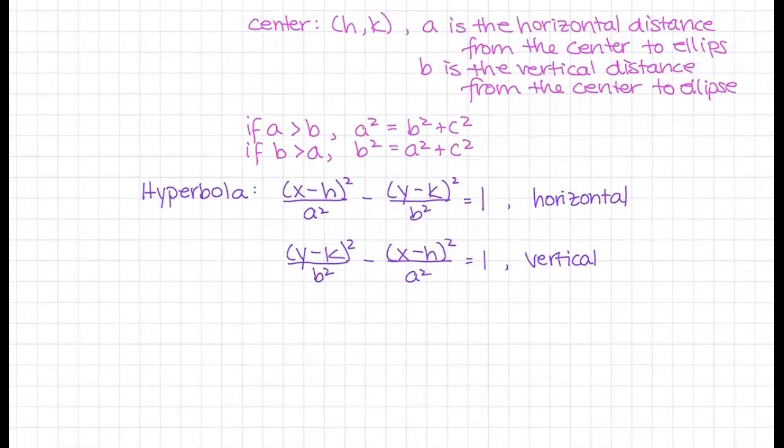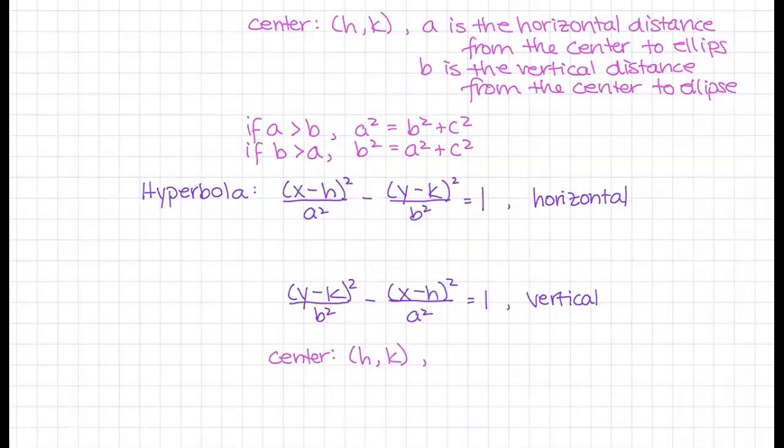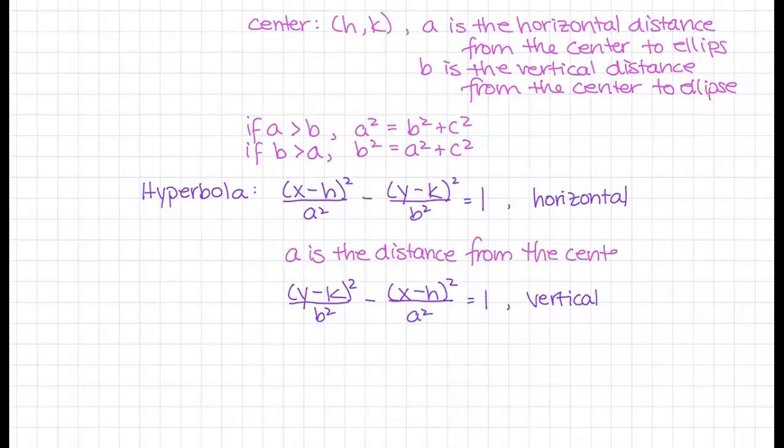And then the key pieces here: we know the center is at (h, k). Now a and b are slightly different from the ellipse because it depends on whether it's horizontal or vertical. Remember, we'll have vertices along one axis, but not along the other. So if it's a horizontal hyperbola, then the vertices are horizontal, and a is the distance from the center to the vertices.